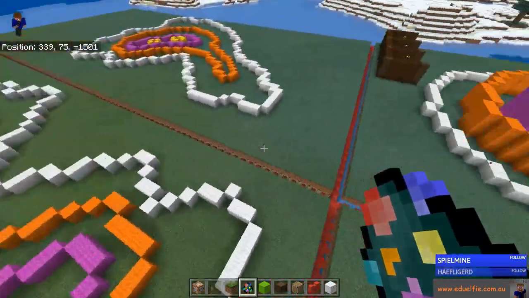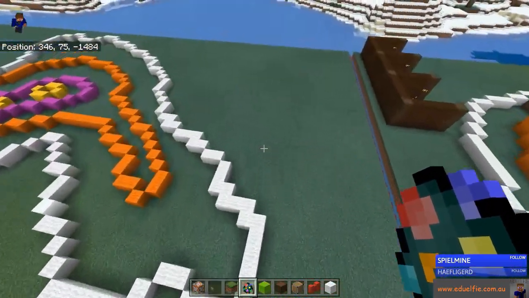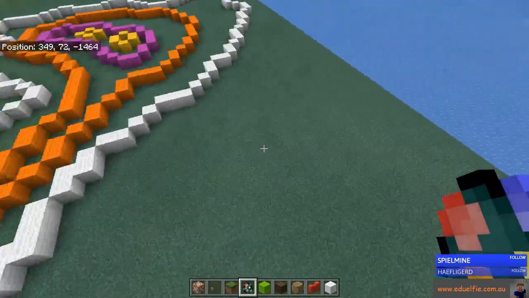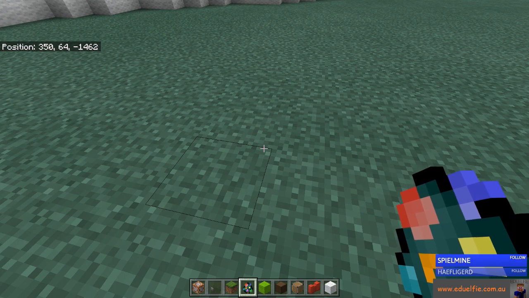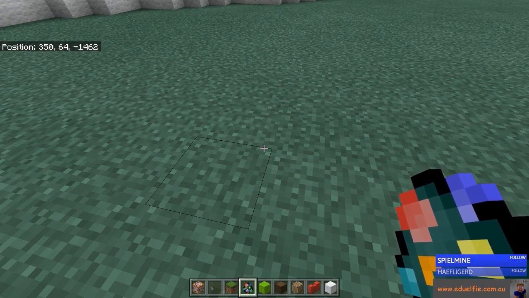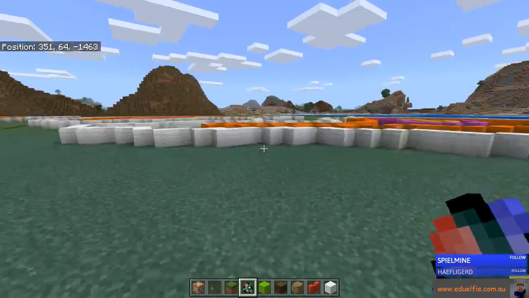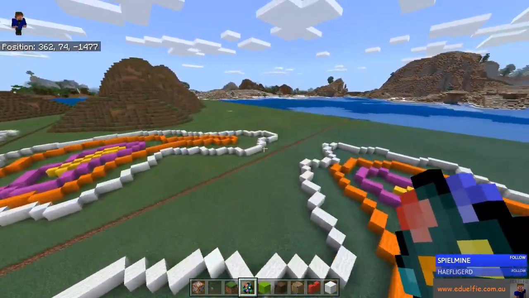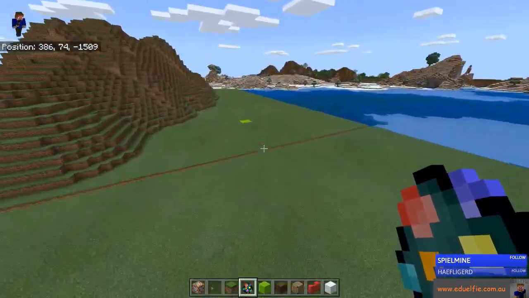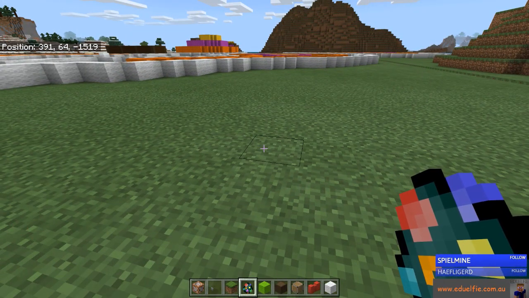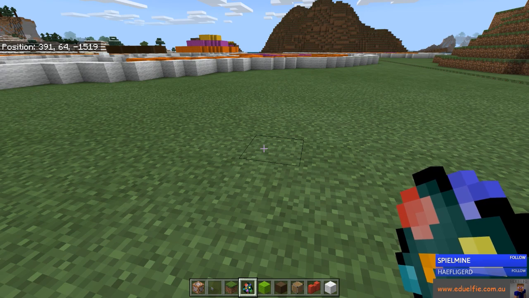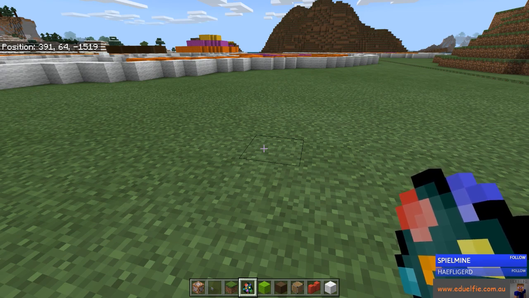This group would go here, 350, negative 1462. And group 3, go here, which is 391, negative 1519.